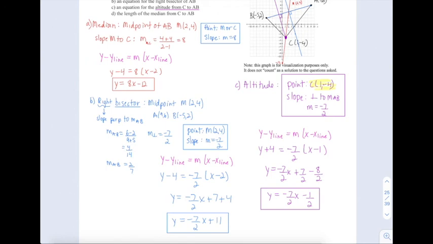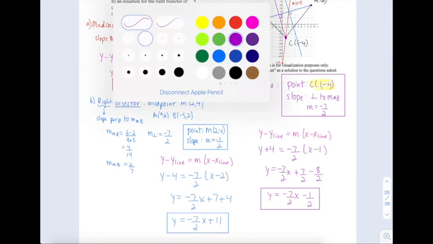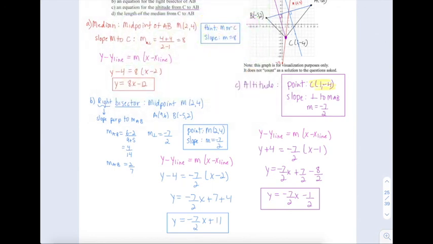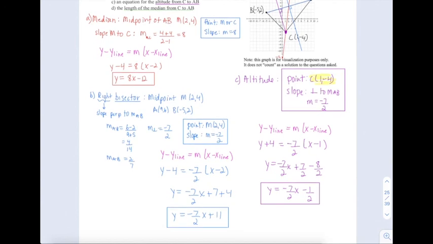One last thing. We want to find the length of the median. This one's kind of easy, because we basically just need the length of CM. We know C is (1, -4) and M is (2, 4).